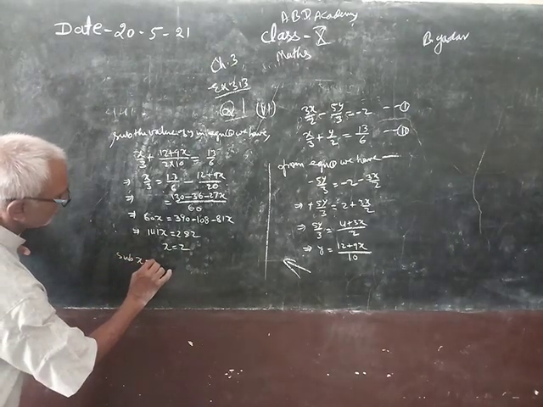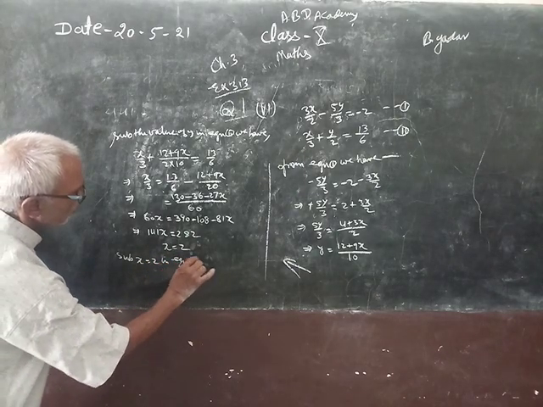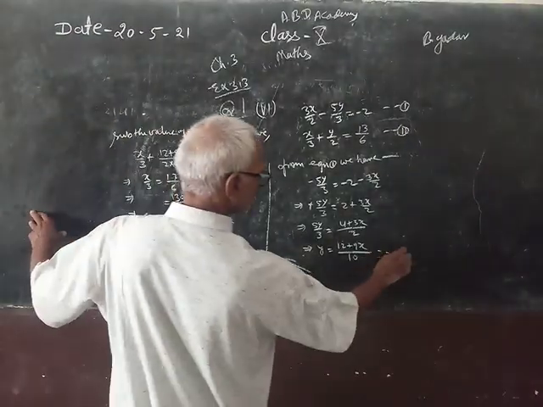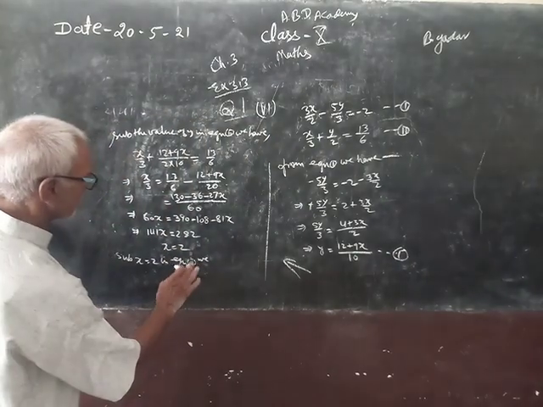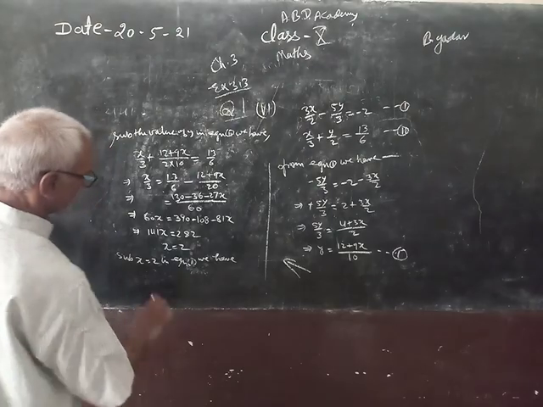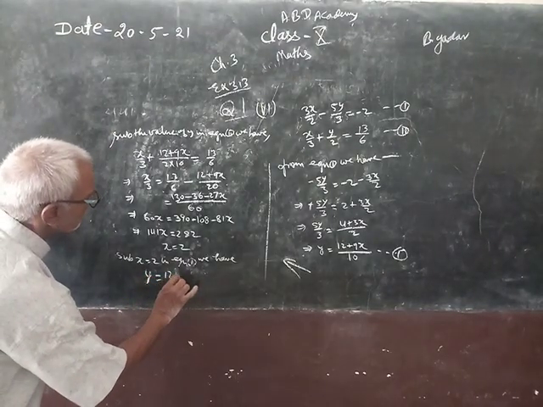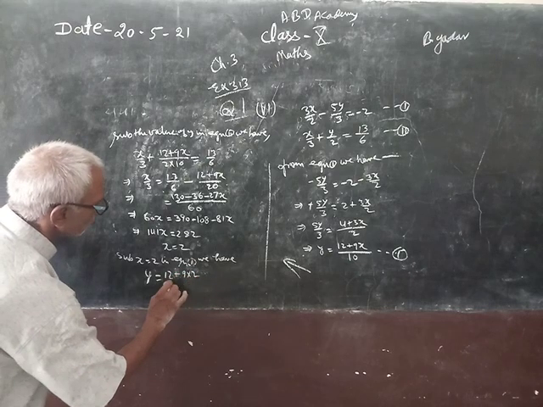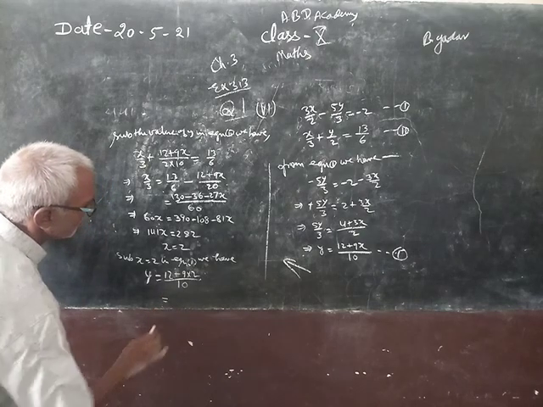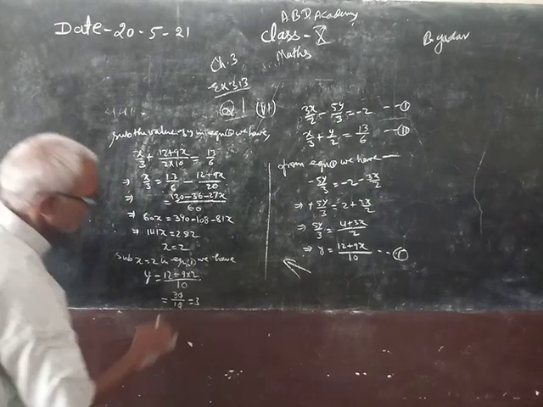Now substituting the value of x, x is equal to 2, in equation 1, not in 2, in here. In equation 1, we have y is equal to (12 plus 9 into 2) upon 10, that is 12 plus 18, that is 30 by 10, which is 3.